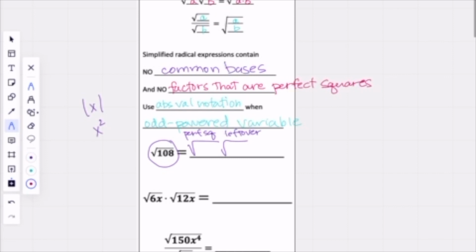Now, it might be helpful for us to take a second and remind ourselves what the first few perfect square values are. Let's just name them up to 100. Well, of course, 1 times 1.